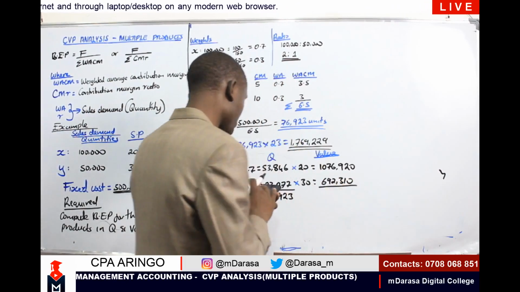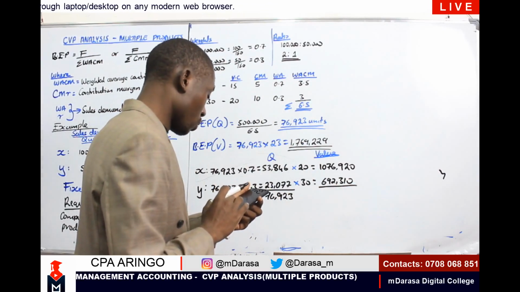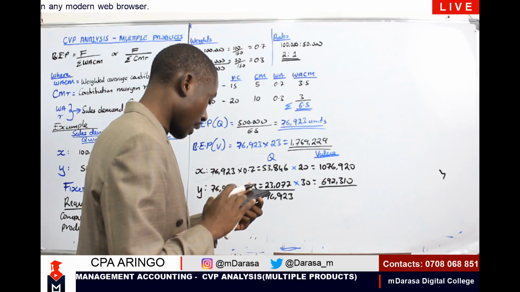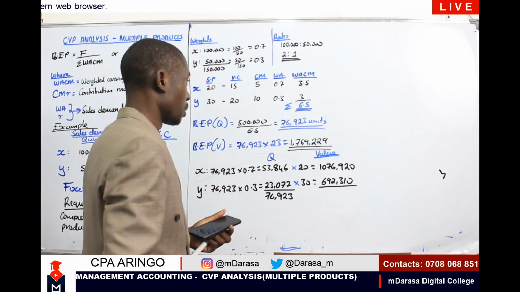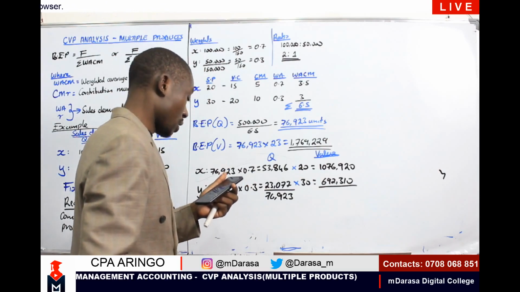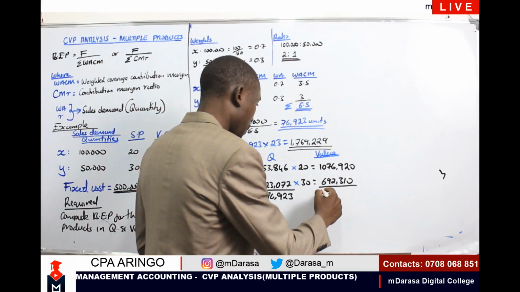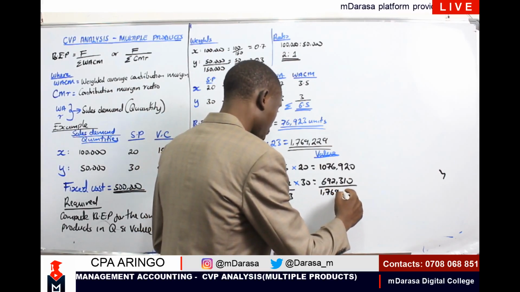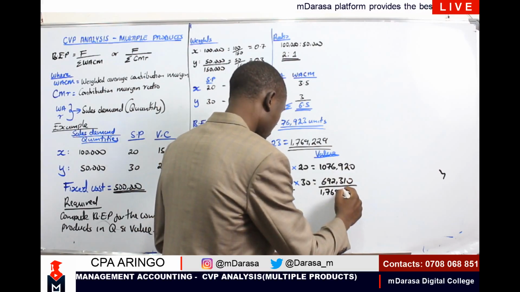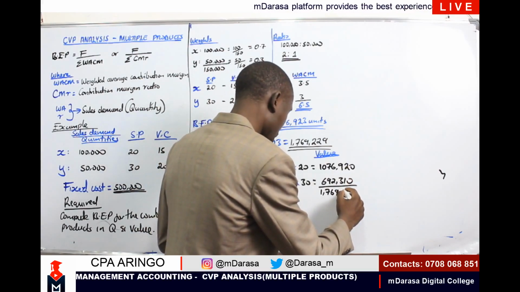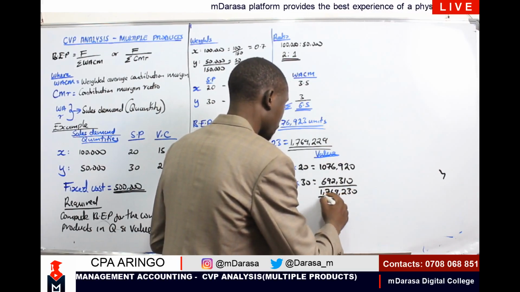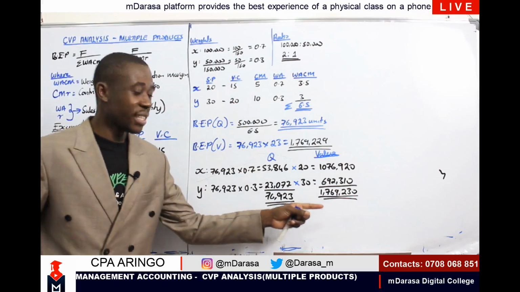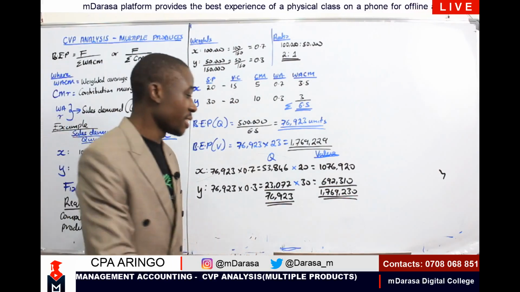So at the end of the day, in total, we add 692,310 and 1,076,920 to give me a figure of how much? 1,769,230. So this is how we are supposed to do. You've seen, we've just arrived at the same figures, right?